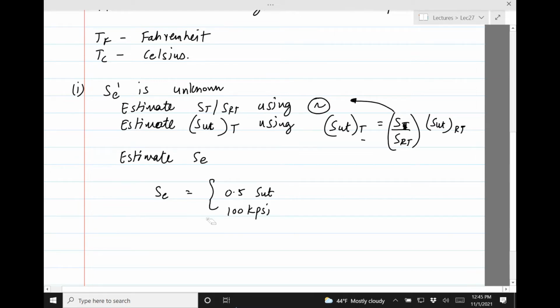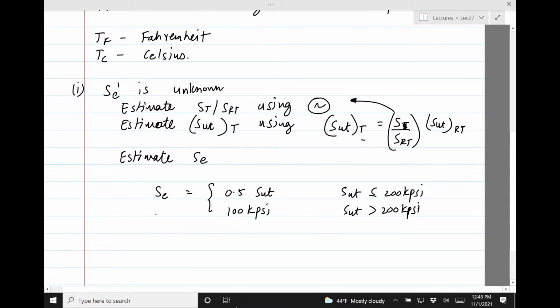We've seen these equations before. They were used in the idealized SN curve. So this is for SUT less than 200 kpsi, and this is for SUT greater than 200 kpsi.